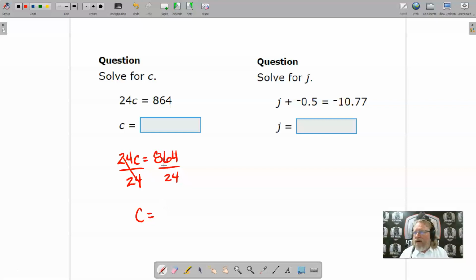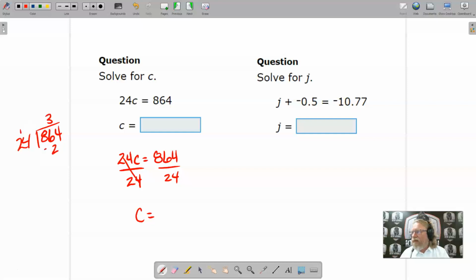And then we have 864 divided by 24. So 864, we probably could just use a calculator, it'd be a little bit easier. But 24, let me see, it'll go into 86 3 times. And 4 times is going to be too much, so let's go with 3. 3 times 4 is 12. Carry the 1. 3 times 2 is 6.